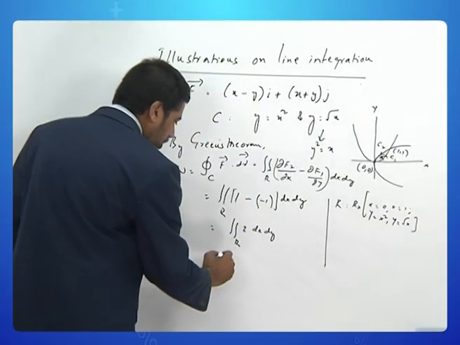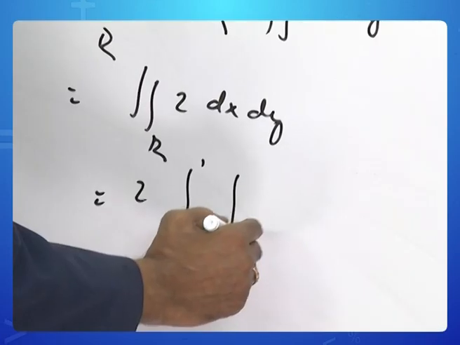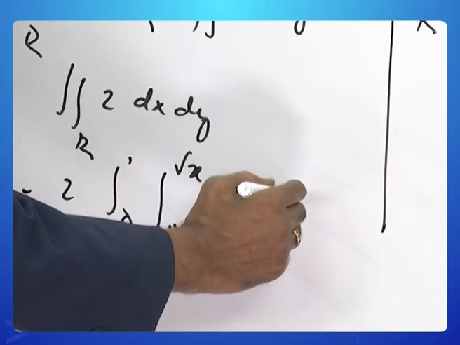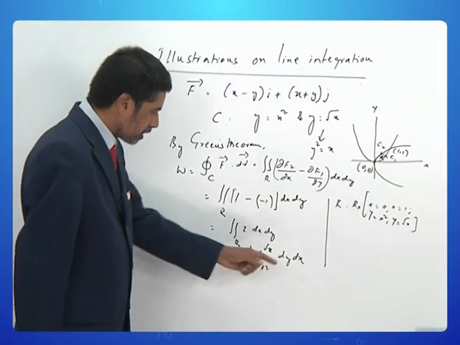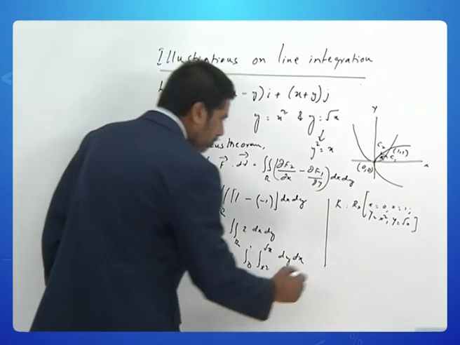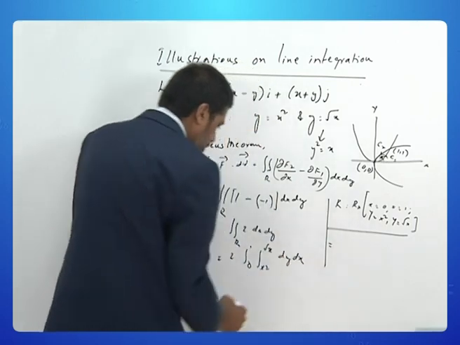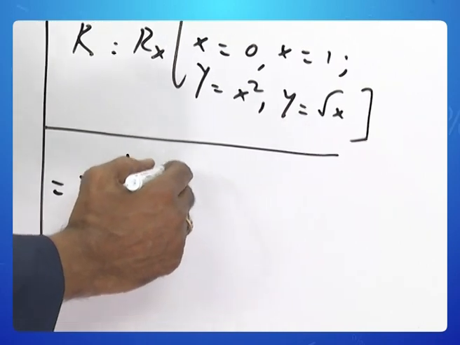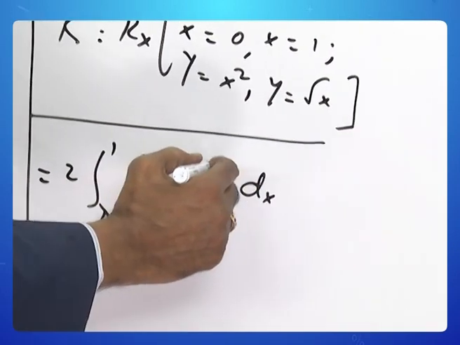So you will get 2 times integral 0 to 1, x square to root x, dy dx. So when you do this integration with respect to y, you will get twice integral 0 to 1 of root x minus x square dx.